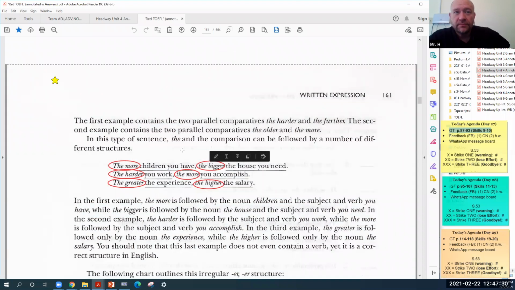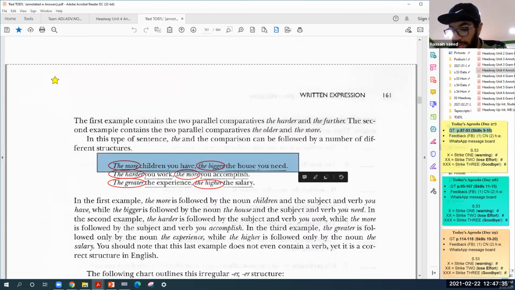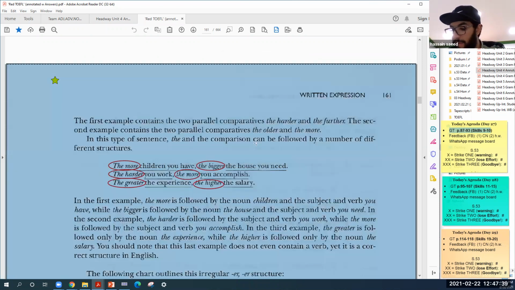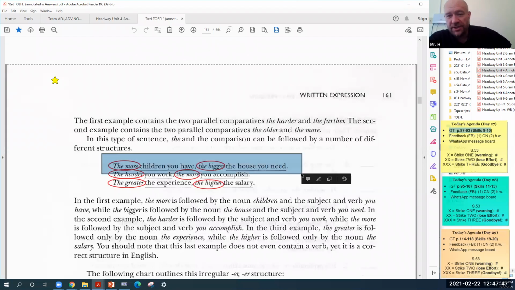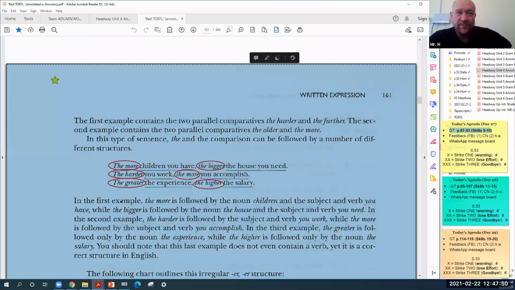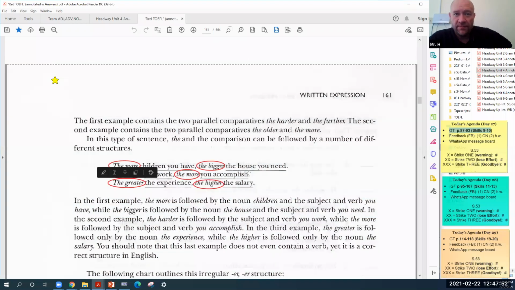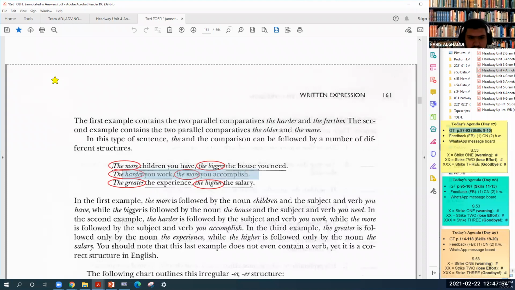Hussein, the more? Okay. The more children you have, the bigger the house you need. Basil Agamdi. Next example.